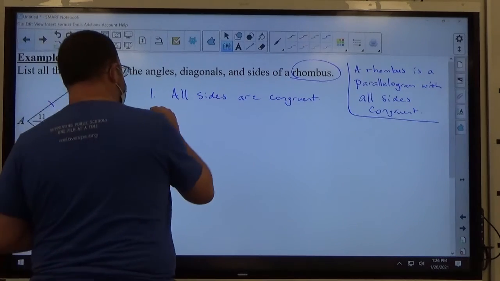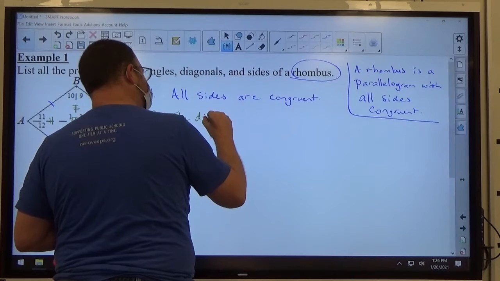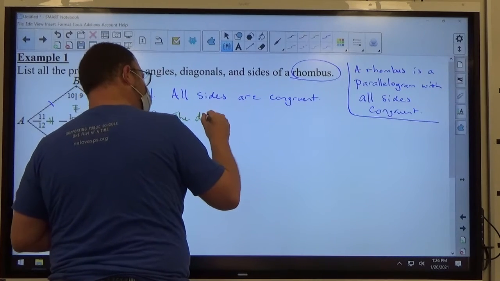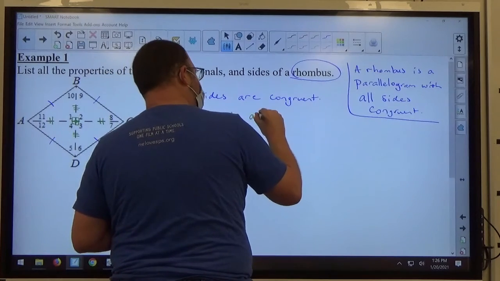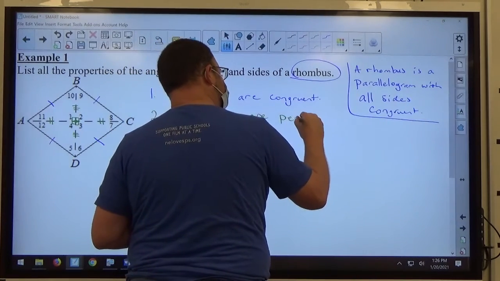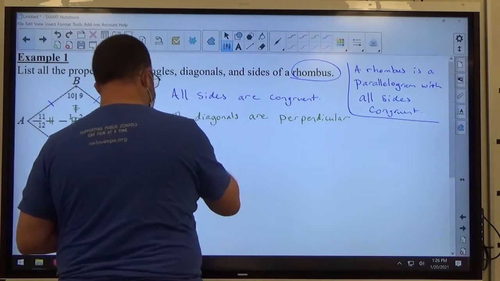So, number 2. The diagonals are perpendicular bisectors of one another.